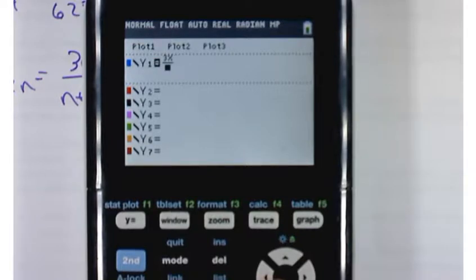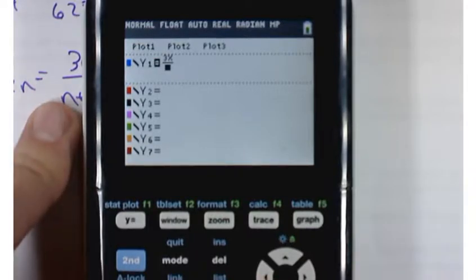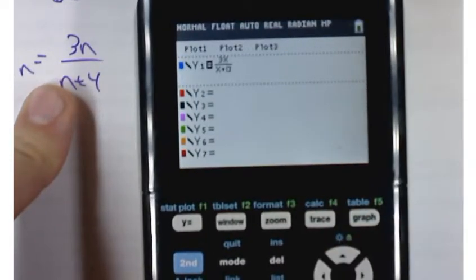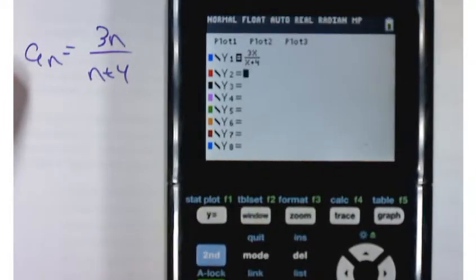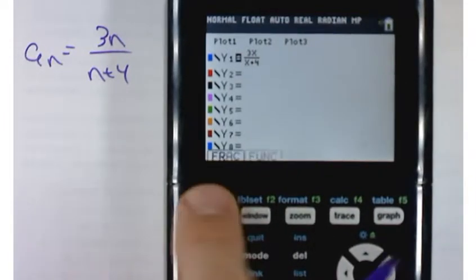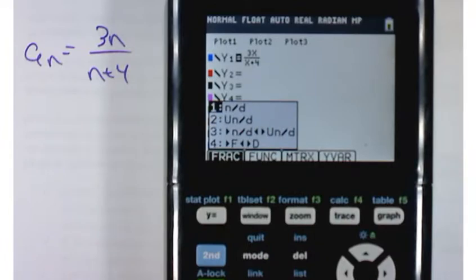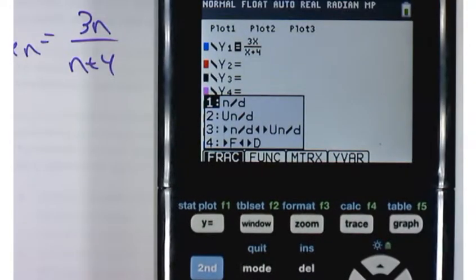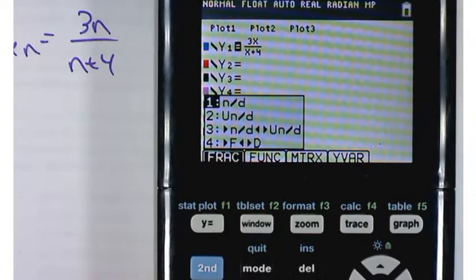I could use an n, but it's convenient right now to use an x. Alpha key and then the y equals key, and that'll give you that menu. The first option on that menu is to just input a regular fraction, so just type the number 1 or press enter.